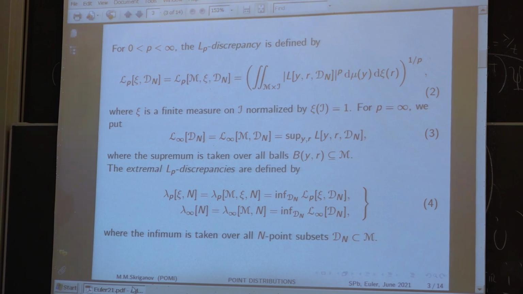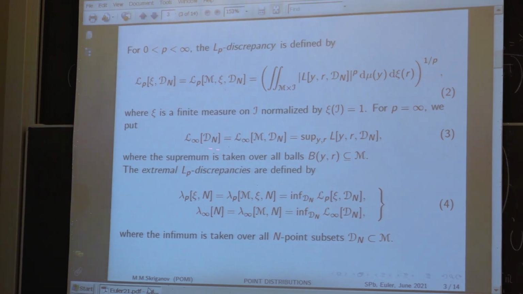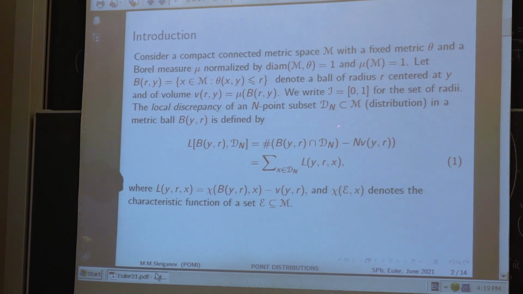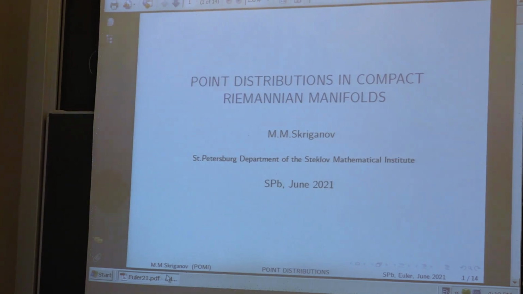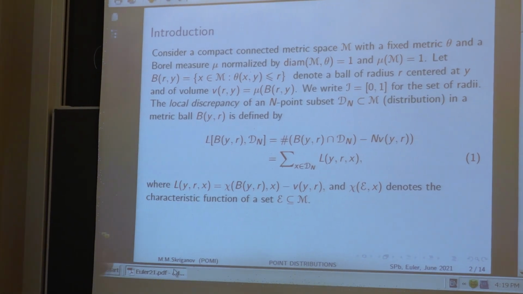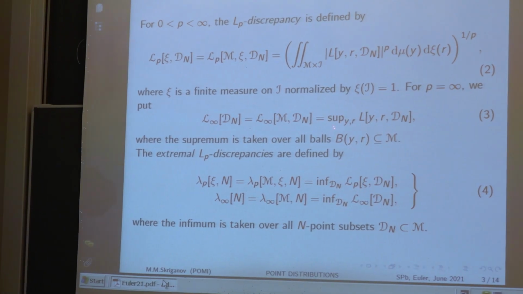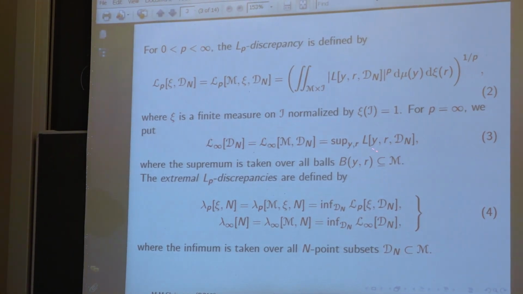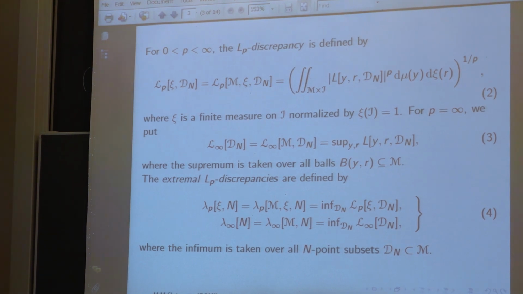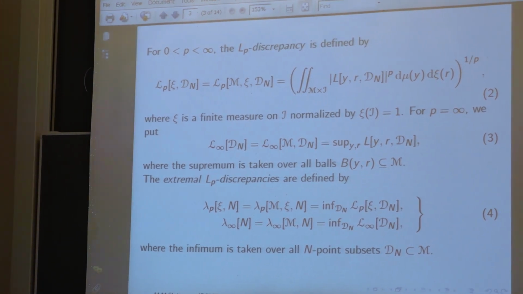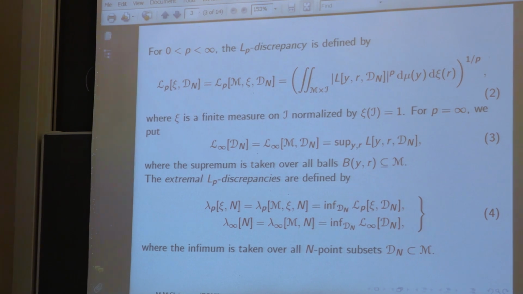And we define the supremum norm also, and now the extremal LP discrepancies are defined by the following formulas.